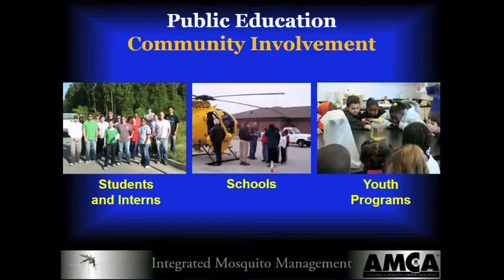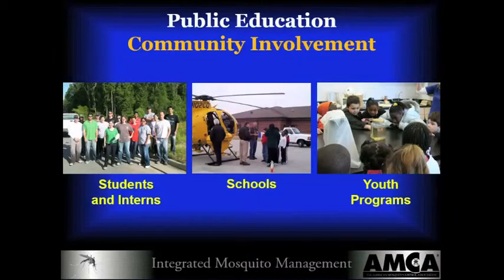So, public education, community involvement can take a number of different forms. Students and interns. Oftentimes mosquito abatement districts during the summer, when mosquito season is in full swing, will have students and interns come and help them out. And indeed, a lot of our mosquito control personnel make this a career from that. It's fascinating stuff, and they love it. Schools.